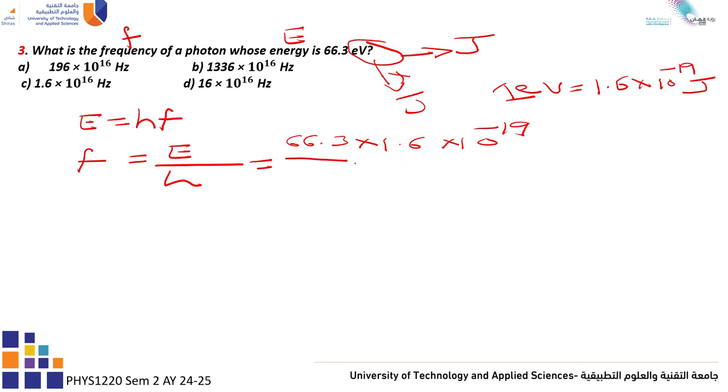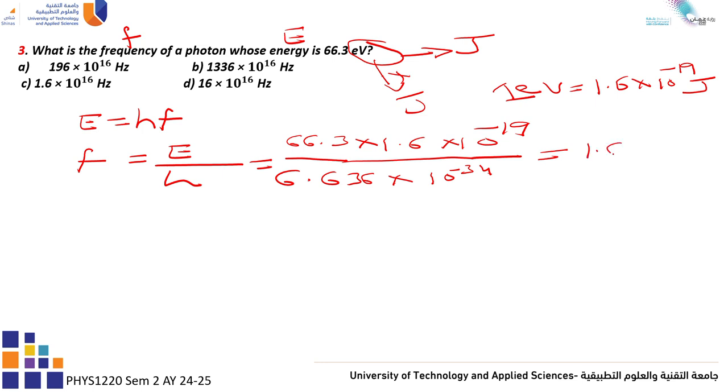It will be given in the exam. It is not given here, but in the exam it will be given to you, so I am writing from my side. This is 6.63 multiplied by 10 to the power minus 34. If you calculate this number, you will get the answer.